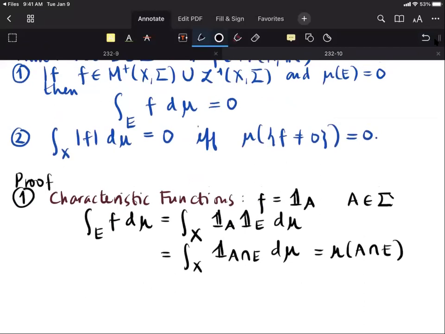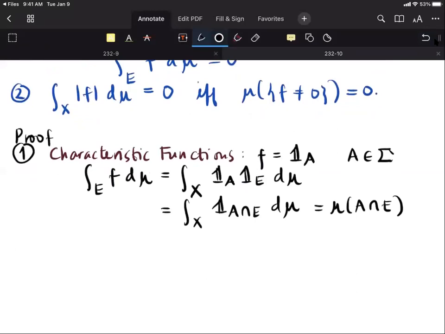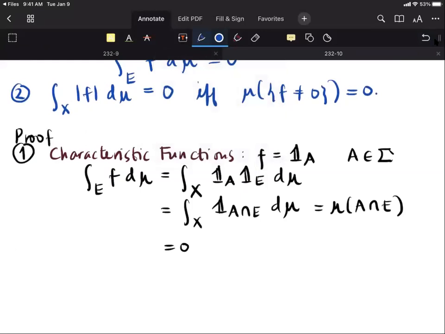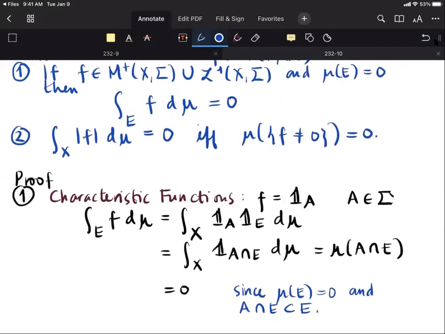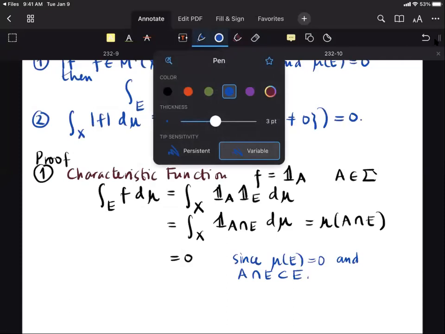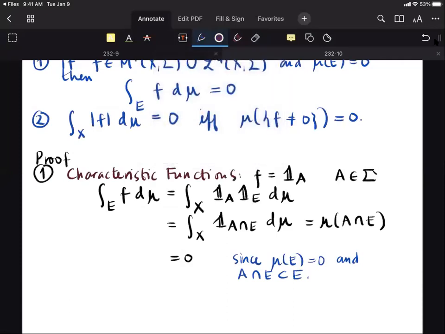Since the measure of E is 0 and the intersection is a subset of E, this is 0, by applying the monotonicity of the measure. So the case of characteristic functions has been established.